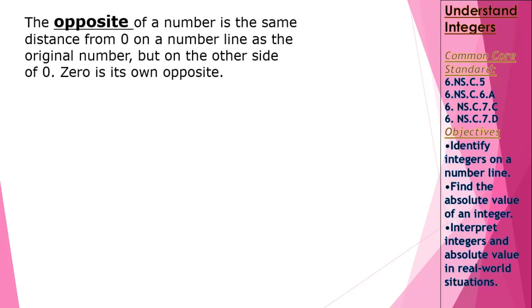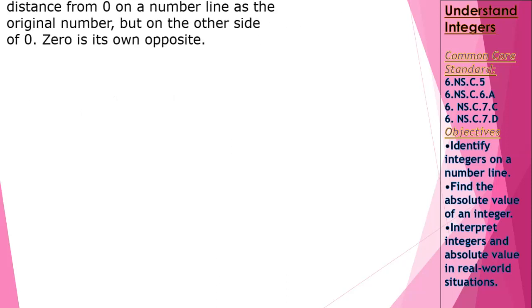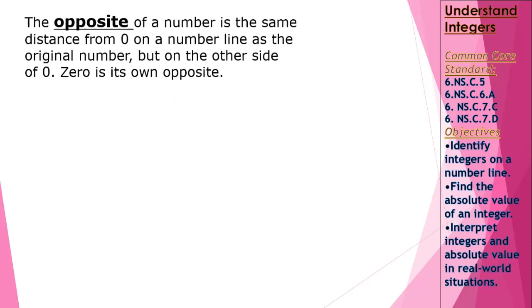The opposite of a number is the same distance from 0 on a number line as the original number. So here we mentioned positive and negative, and we compare them according to 0, right? We said more than 0 or less than 0. Why? Because 0 is the original number, in the middle.